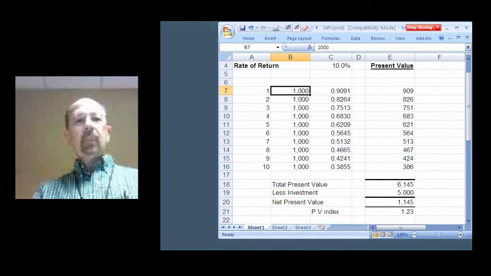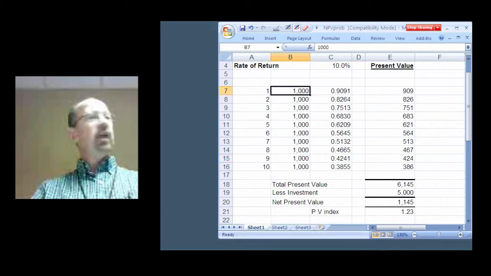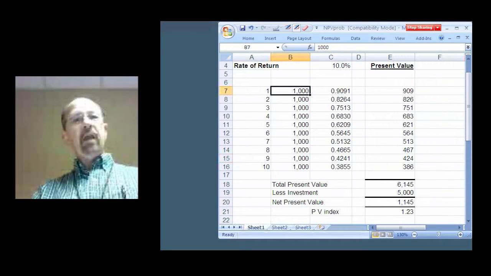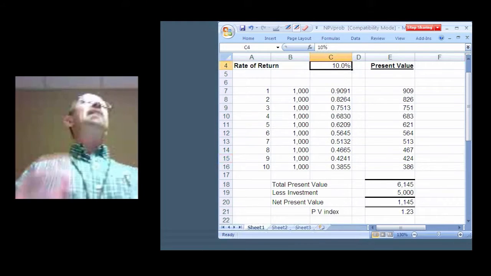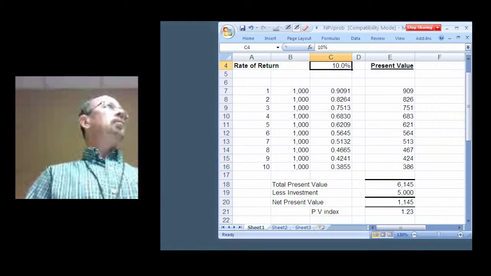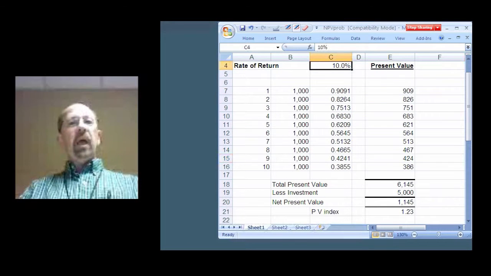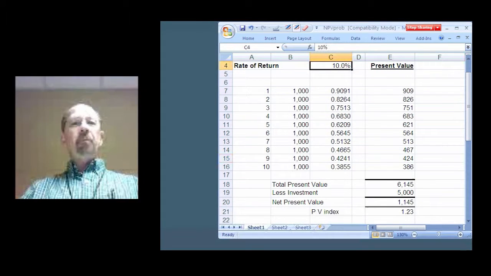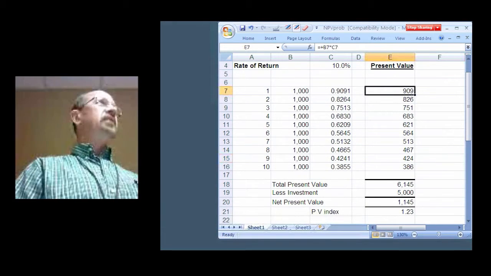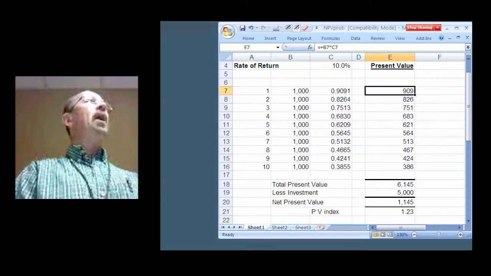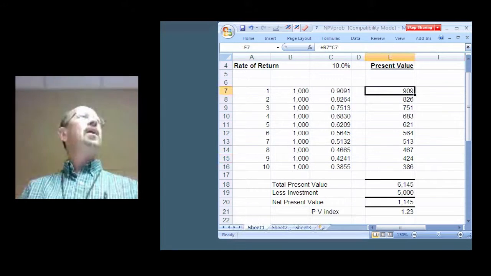But net present value, we learned this a couple of weeks ago, right? If you get money in the future, that money is not worth the same as it is today. Which means that if I get $1,000 a year from now, and there's a 10% required rate of return, or saying discounting it at a 10% rate, what is it worth today?